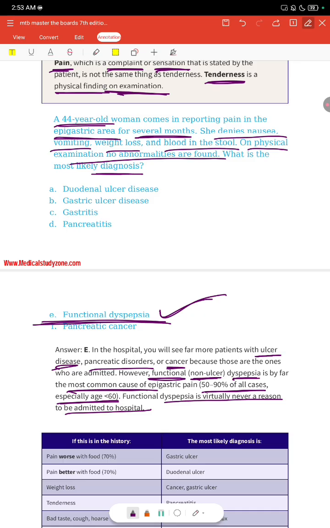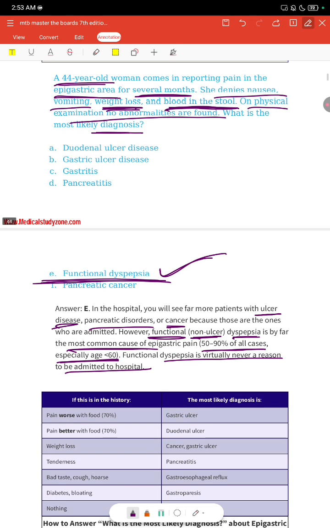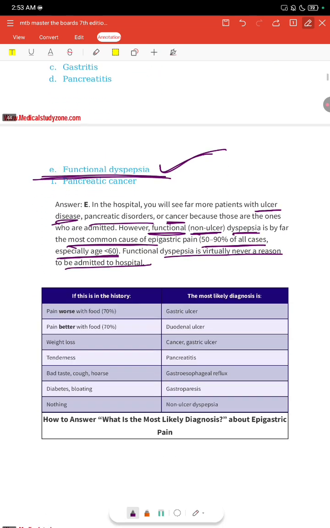So it is not due to some ulcer, it is not due to some malignancy, because in malignancy we notice and report weight loss, blood in stool, GI bleed, vomiting. All of these are significant in such scenarios. But if the woman denies all these things, we can go for functional dyspepsia.